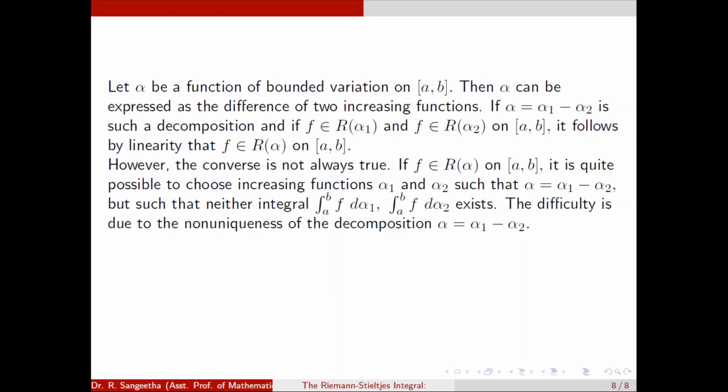Therefore we cannot say f is integrable with respect to alpha 1 and integrable with respect to alpha 2. Sometimes it may happen and sometimes it may not be true. And the next question is, under what situation is this true? This is true when alpha 1 is the total variation of alpha.